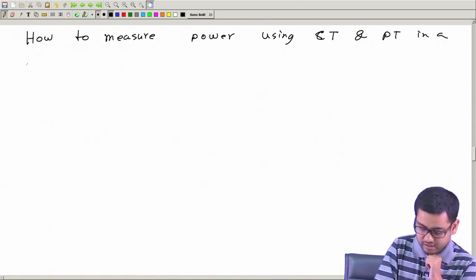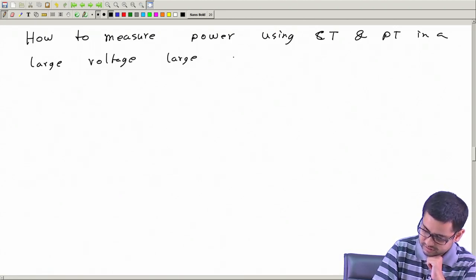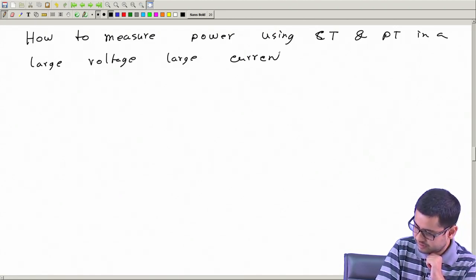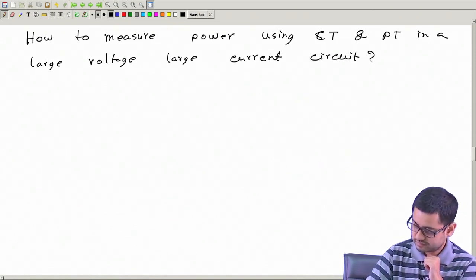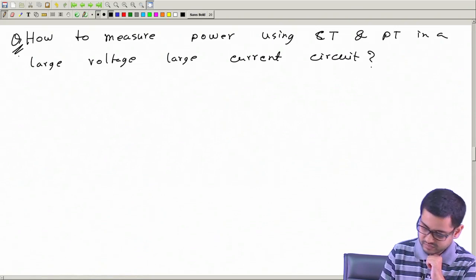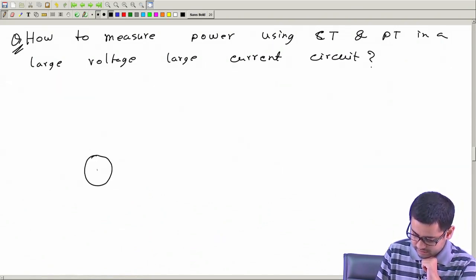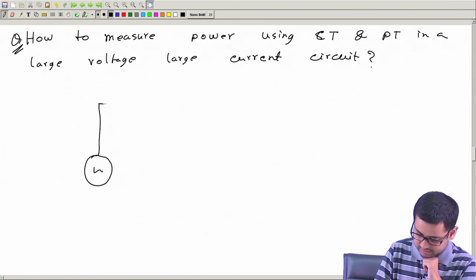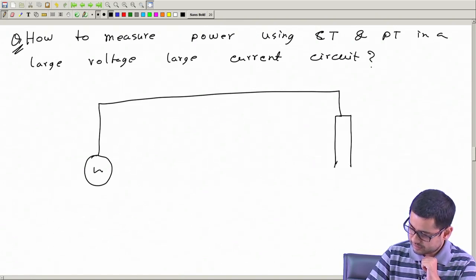In a large voltage, large current circuit. Okay, say I have a circuit like this.